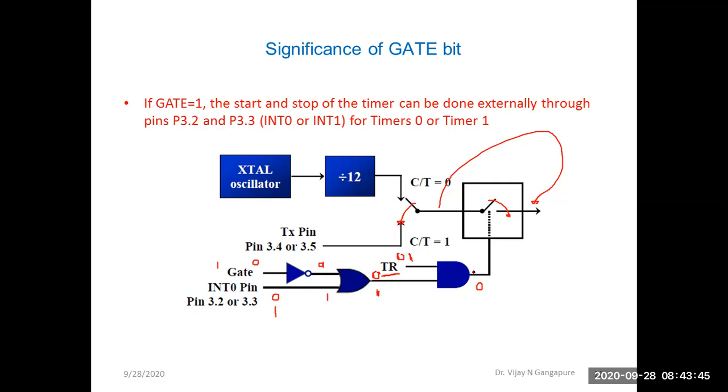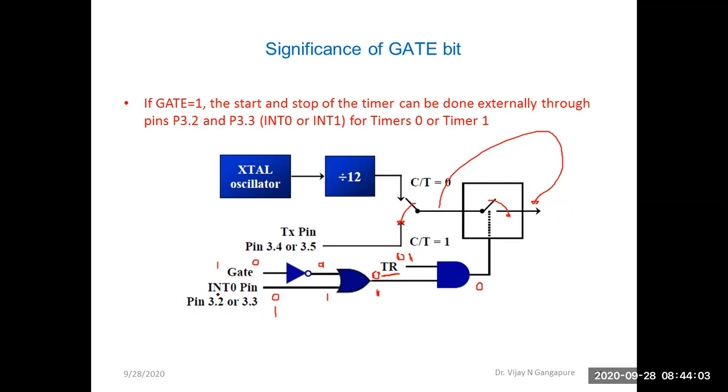The other input is also 1, and now this gate will be enabled, and pulses here start reaching the output, meaning the timer is on. So now, by using the INT0 pin and TR0 bit, I can control the operation of timer 0.